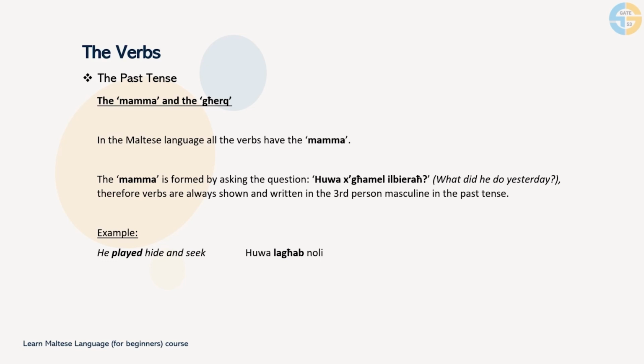In this case, the example in Maltese is huwa lagħab noli. So lagħab is the answer to huwa x'għamel il-bieraħ. Lagħab is the verb in the mamma.